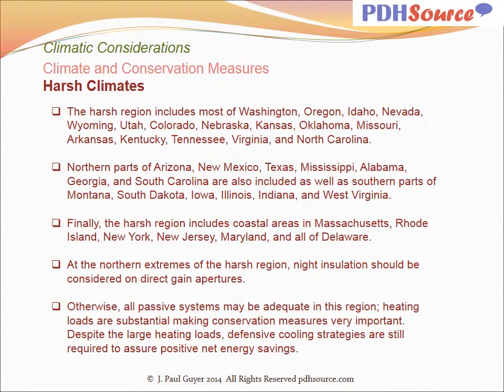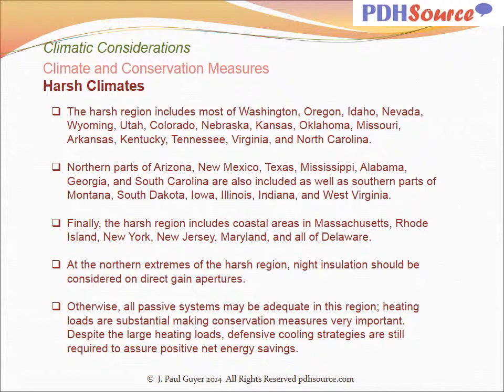It also includes northern parts of Arizona, New Mexico, Texas, Mississippi, Alabama, Georgia, and South Carolina, as well as southern parts of Montana, South Dakota, Iowa, Illinois, Indiana, and West Virginia. Finally, the harsh region includes coastal areas in Massachusetts, Rhode Island, New York, New Jersey, Maryland, and all of Delaware.